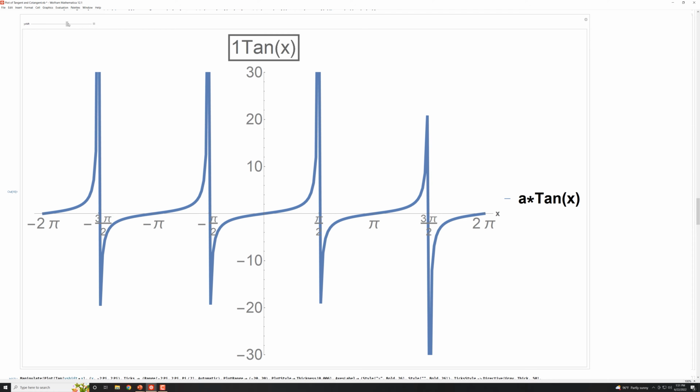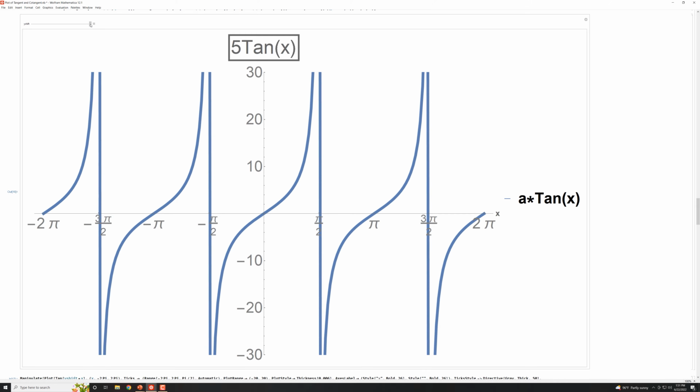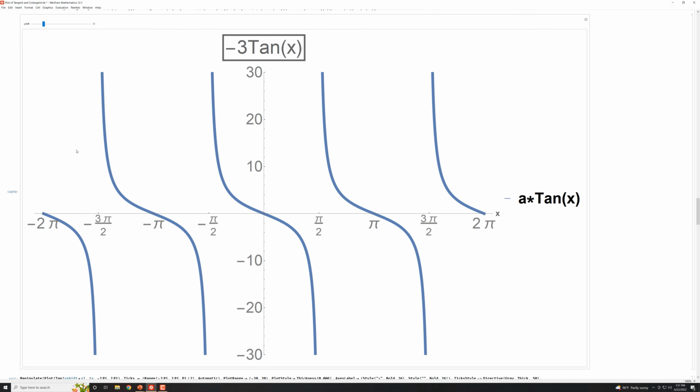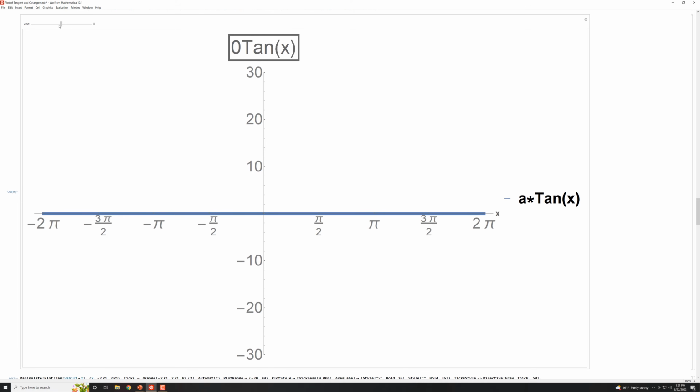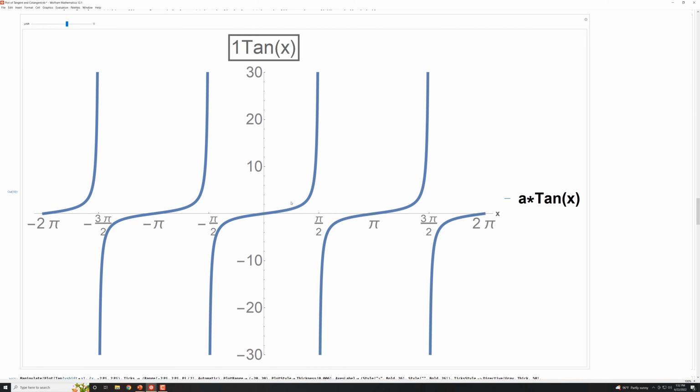You see, this is a normal tangent. And then as you multiply the normal tangent by numbers, you're just making it steeper and steeper. And if you start multiplying by negative numbers, then the thing is going to flip over and give you kind of like S's that are reversed, because you're flipping the tangent curve upside down, essentially. So that's what a multiplicative constant on the outside of a tangent does. It just makes the little S part a little bit steeper.